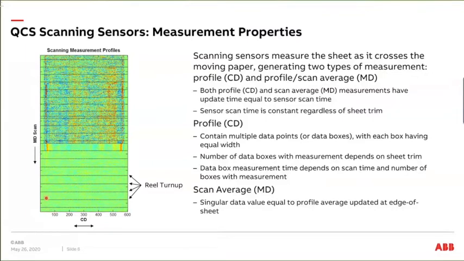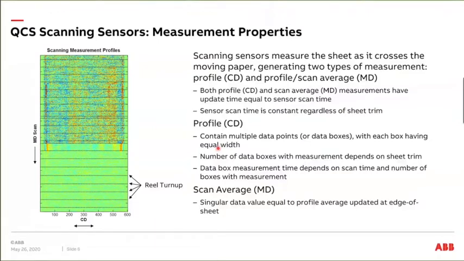But if you drew a vertical line up along one of these data boxes or lanes, that's basically giving you that profile point along the machine direction. The number of data boxes is designated when the system is installed and set up for the scanner. Most ABB systems will have a default of 600 data boxes.